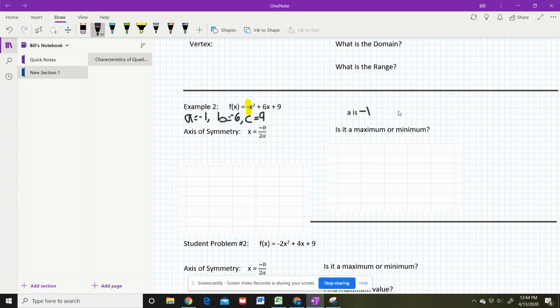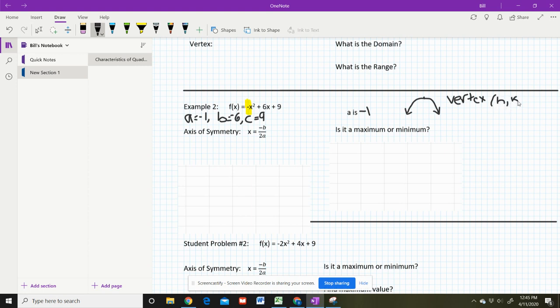So A is negative 1. When it's negative 1, it means that we have an unhappy face, so we have a parabola looking like that. So our vertex right here is going to be our maximum, right? So h comma k.